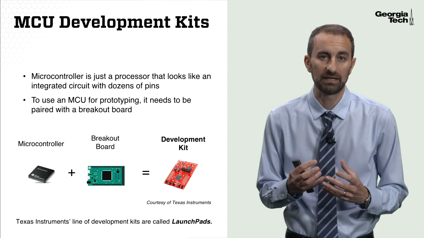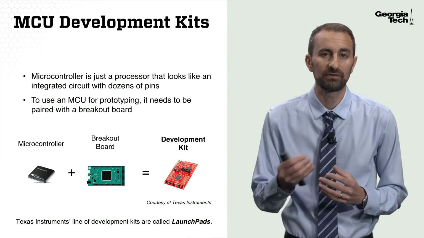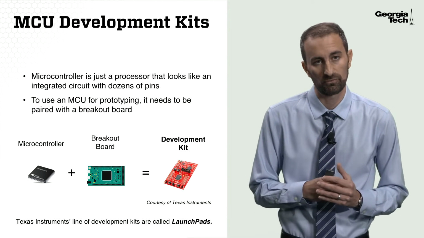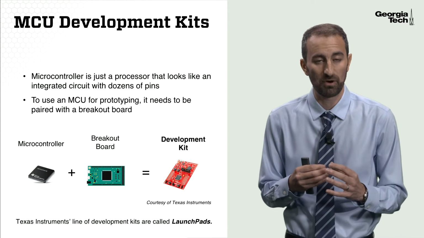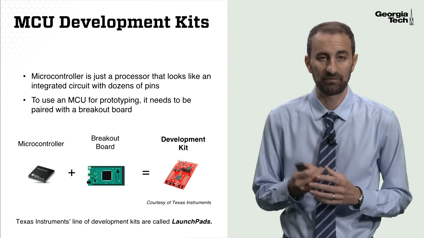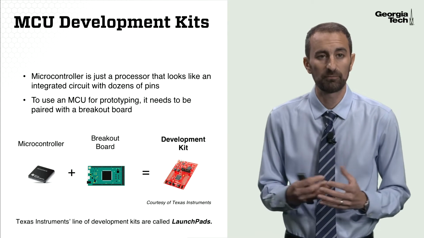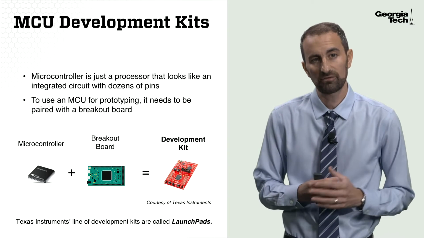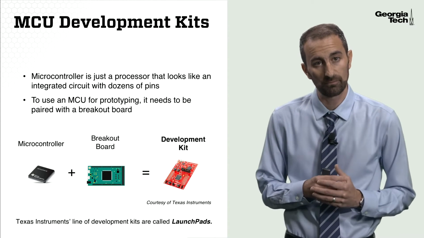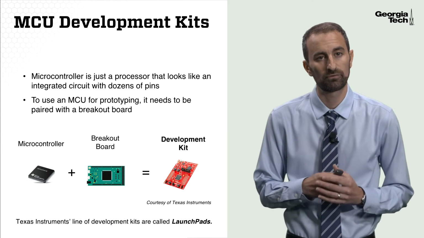So a development kit is a microcontroller on a breakout board that allows us to easily connect wires to each of the microcontroller pins. The actual pins on the microcontroller are really small and hard to access with things like wires as we're doing testing and prototyping. So that's what the development kit is for: prototyping and ease of connectivity. Texas Instruments builds a line of development kits for their microcontrollers called Launchpads, and that's what we'll use in this course as an example.